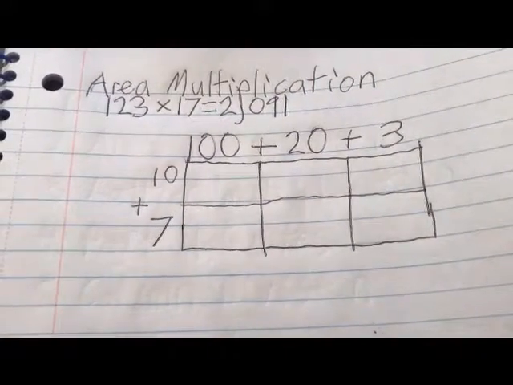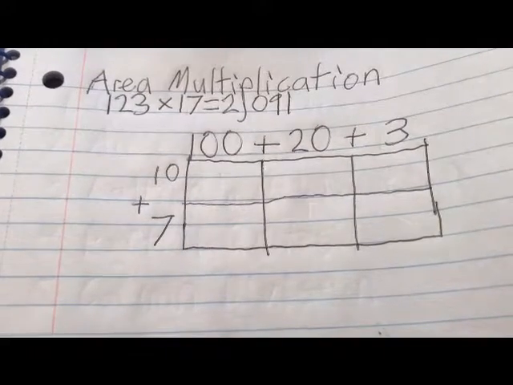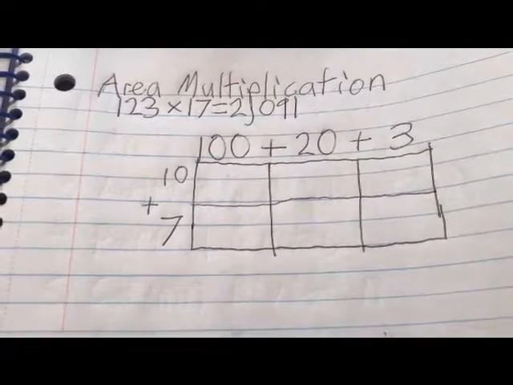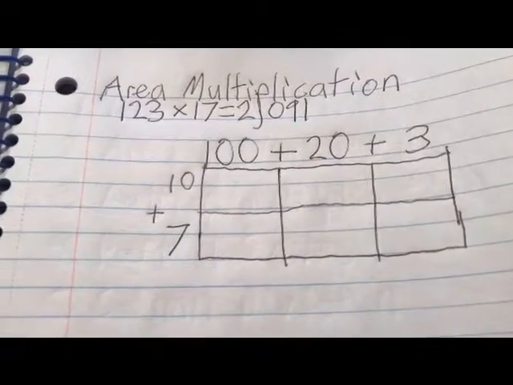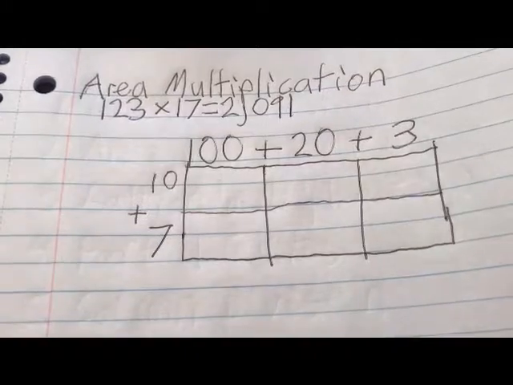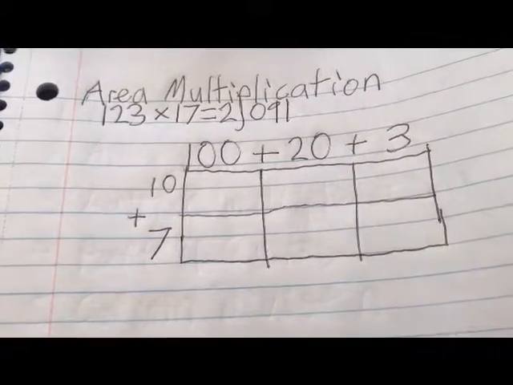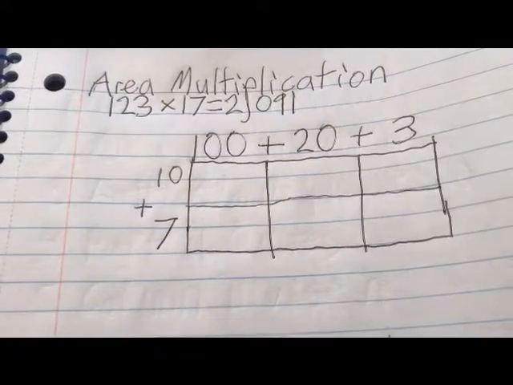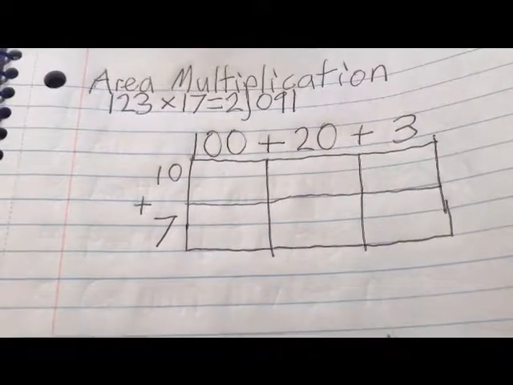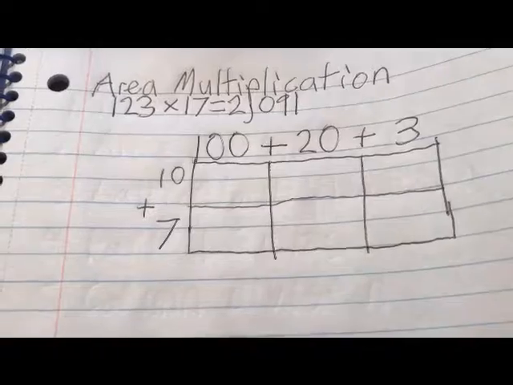This is area multiplication. I set up the problem. You divide the square into how many digits there are. 123 has 3 digits, so on the top it's 100 plus 20 plus 3. And there are only 2 digits in the number 17, so there are only 2 boxes on the side.